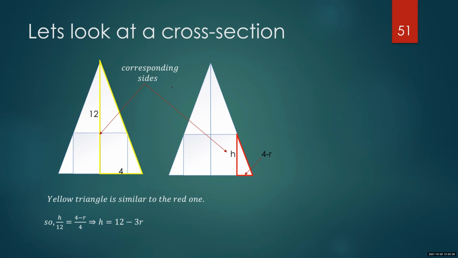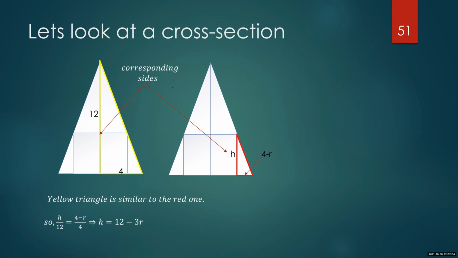They're the other 2 corresponding sides, which I haven't highlighted in this diagram, but I think you all understand how similar triangles work. So very simply, h over 12 is equal to 4 minus r over 4, and therefore h is equal to 12 minus 3r.